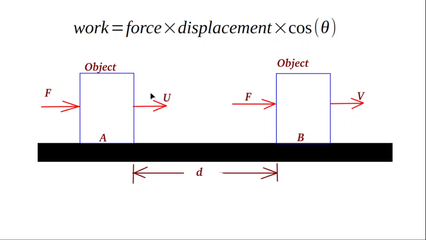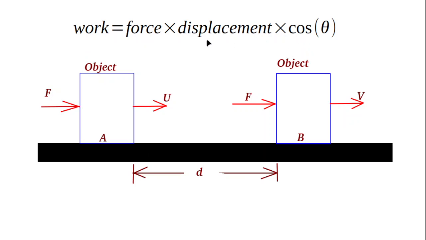If the velocity is u at point A, definitely at point B the velocity will not be u, but it will be v, unless some other conditions are placed. So the body velocity is increasing from u to v, and during this change the object has covered a distance of d.